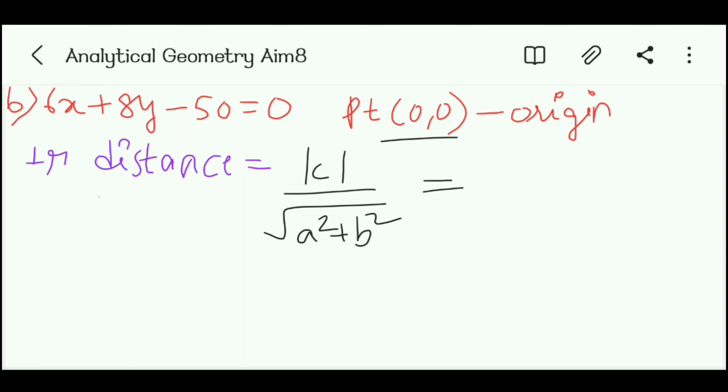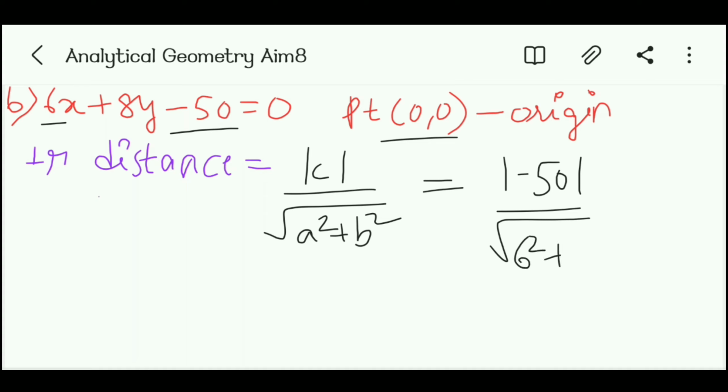Now here c is minus 50. Just substitute that, which is in modulus. Now root over a square plus b square. So a square is 6 square plus b square is 8 square here. Okay.